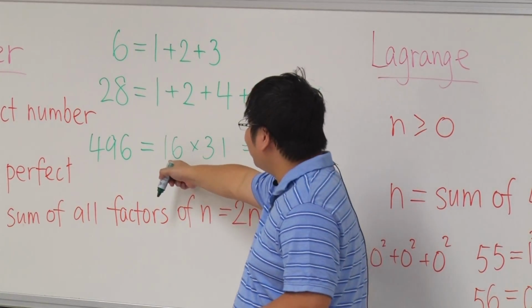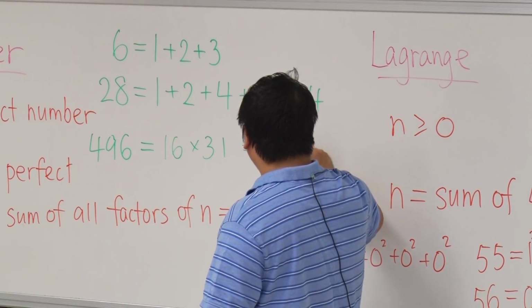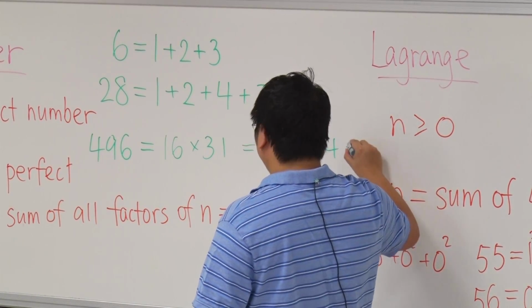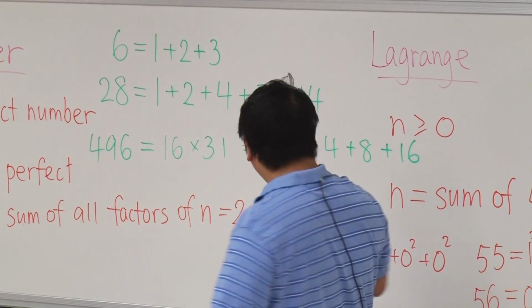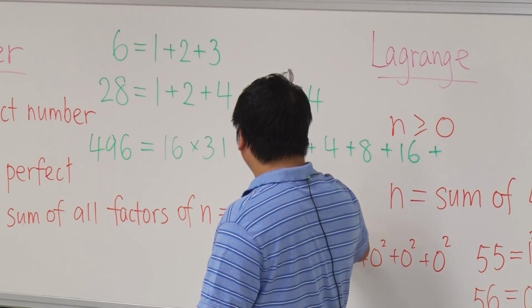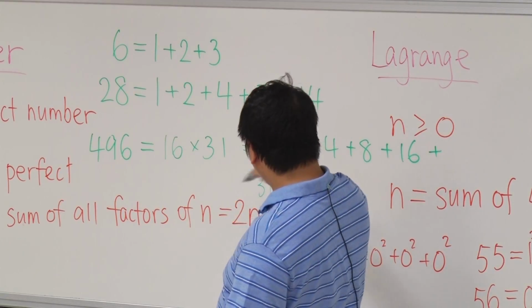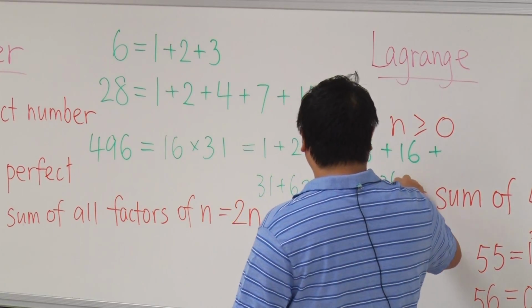So of course we have the factors from 16. So we will have 1 plus 2 plus 4 plus 8 plus 16, right? And what else? The other factor must be 31 plus 62 plus 124 plus 248.